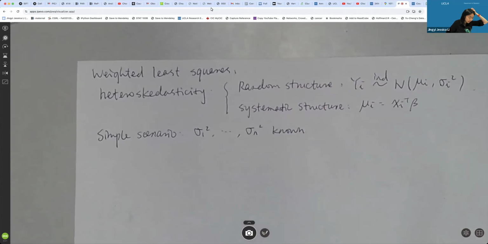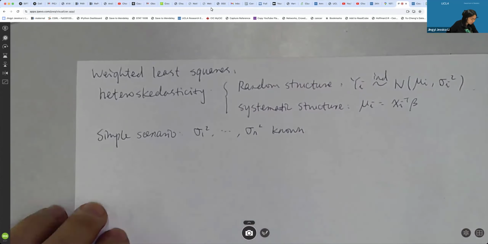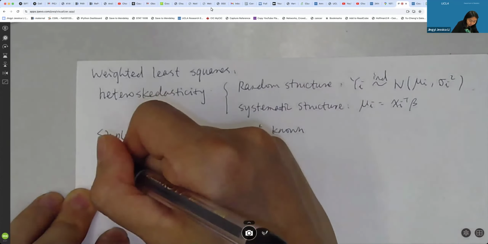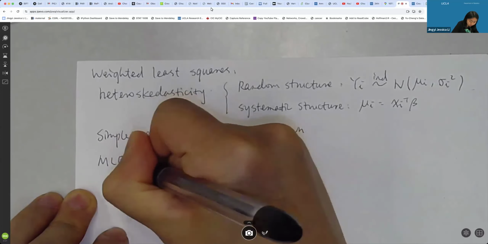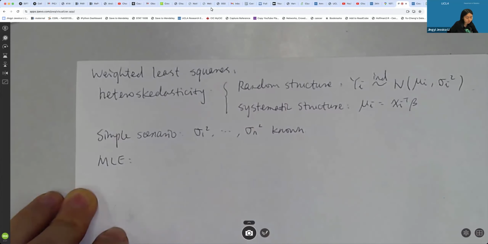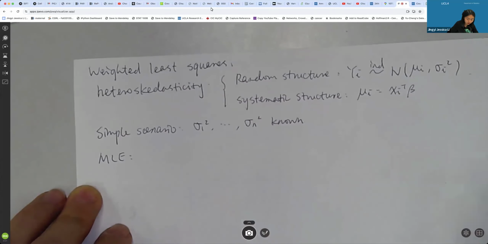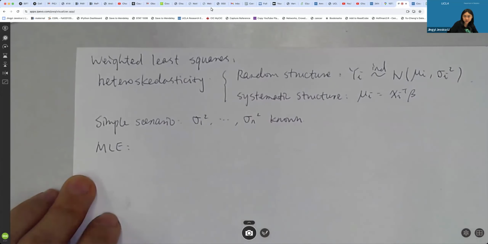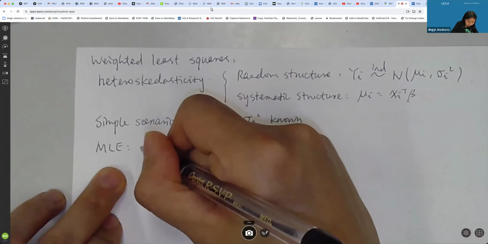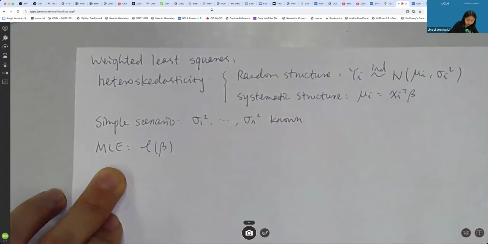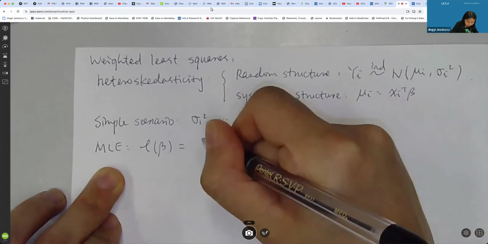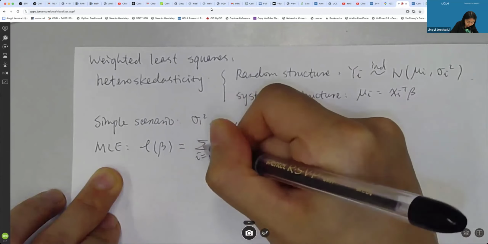Then we can show that the maximum likelihood estimation gives something interesting. Let me first write down the log likelihood of beta. I will keep just the major terms, i from 1 to n.